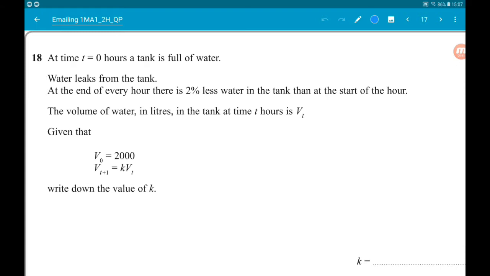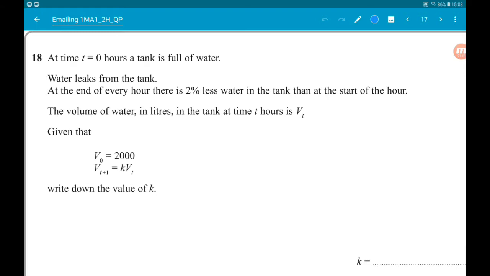Given that V0 is 2000, so that means the amount of water in the tank at the start, and Vt+1 is equal to K times Vt. So that means the amount of water in the tank 1 hour later than now is K times the amount of water that's in there now. We want to write down the value of K.